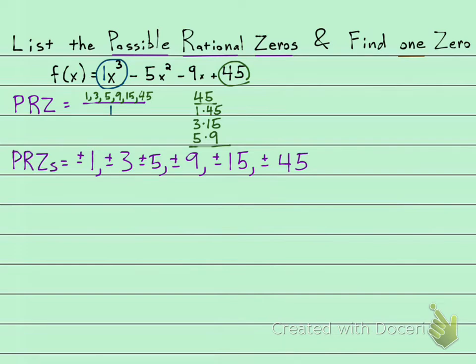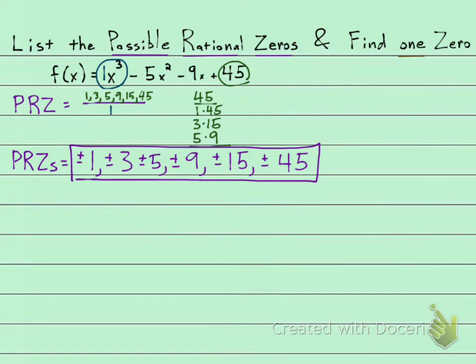So the real zeros of this function are going to be in this list. Now we don't know which ones they are. So how many do we have? 1, 2, 3, 4, 5, 6. We have 12 possibilities.